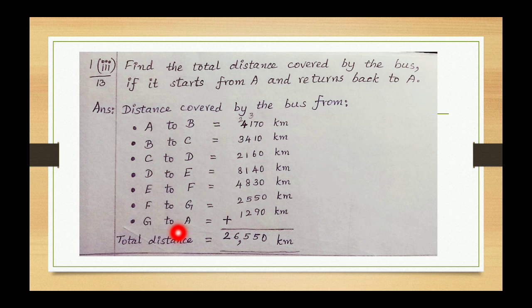You will get the total distance. See, you have started from A, you have ended with A only. So we have found the total distance covered by the bus which started from A and returned back to A. That is 26,550 kilometers the bus travelled in total.